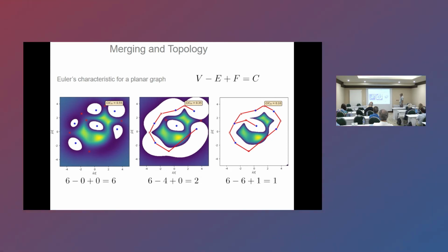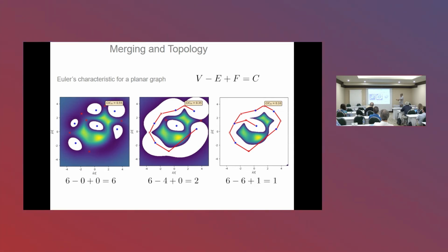disconnected graphs. So now, what are graphs for us? We take minima, and minima are associated with vertices. Each saddle connects minima, and we put an edge, this red line, which corresponds to a saddle.